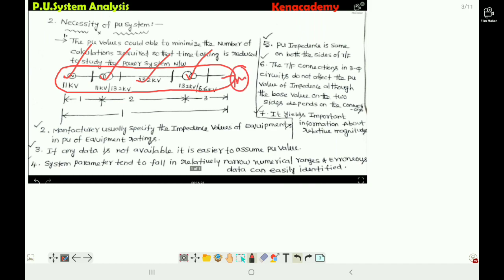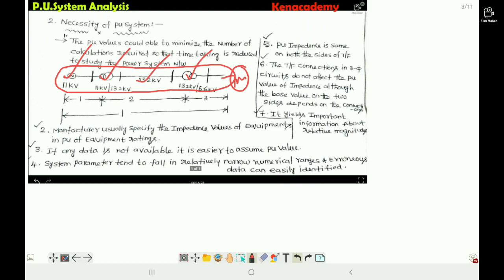So many equipments or elements it consists of. Then if you want to analyze this network, it takes more time. For example, take this network. If you want to analyze it, it can be analyzed as 3 sections. Once we analyze it as 3 sections, it takes more calculations and more time also. That is the problem in the absolute system representation.